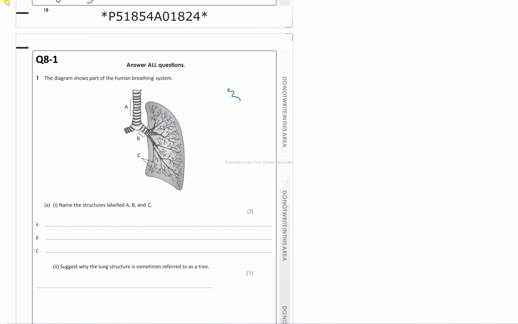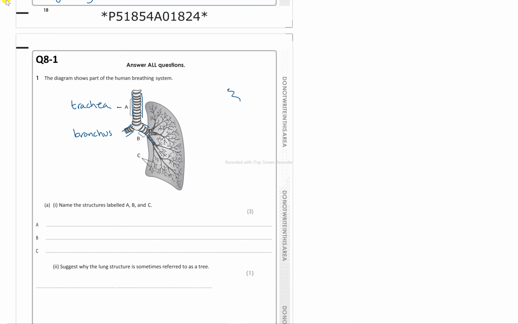Okay, so you've got that bit there, the windpipe, I think we call it trachea. It then splits up into the left and right bronchus.